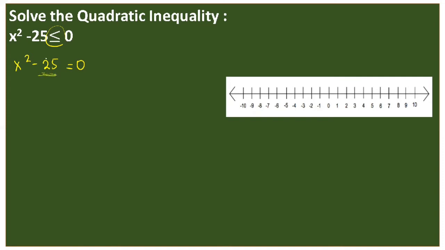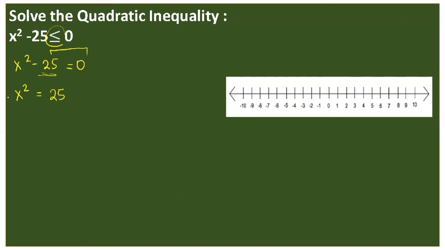So, let's try to solve by extracting the square root. So, x squared is equal to 25, or positive 25. We transposed the negative 25 to the other side so that we can perform extracting the square root. Now, we have transposed negative 25 and it becomes positive 25.